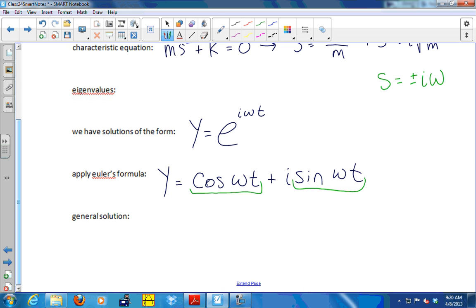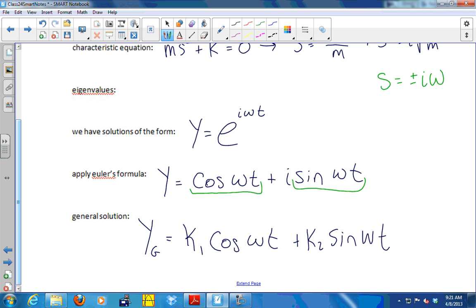And we proved it using Taylor series in Calc 2. It's a surprising fact when you figure it out. So my general solution is a linear combination of the real and the imaginary parts of this particular solution. So I'm going to have K1 cosine omega t plus K2 sine omega t.